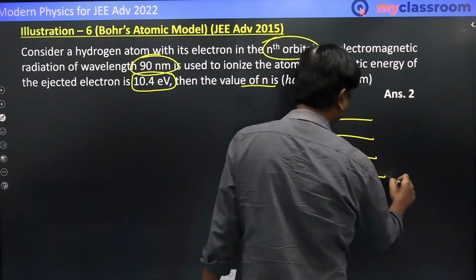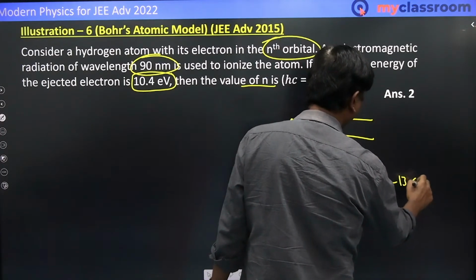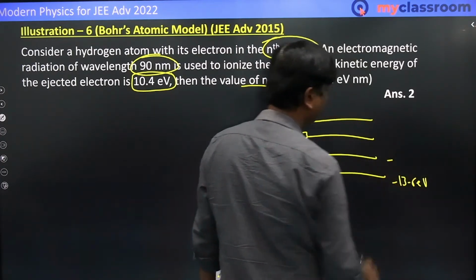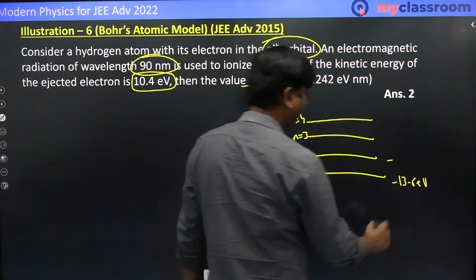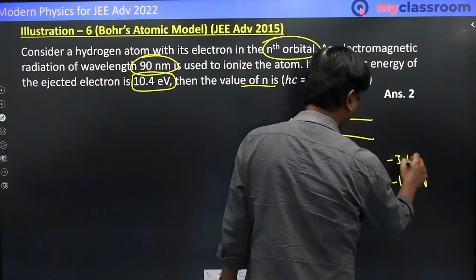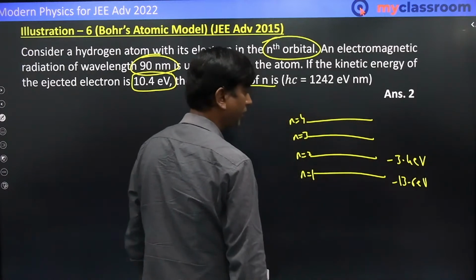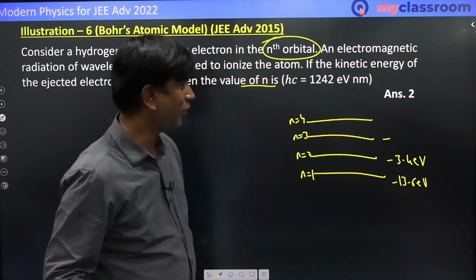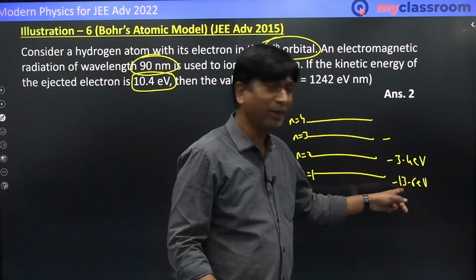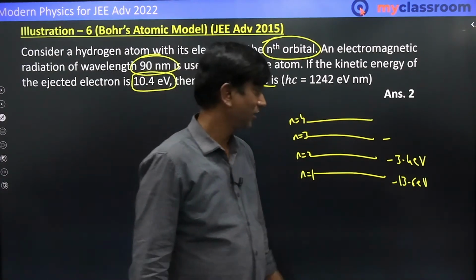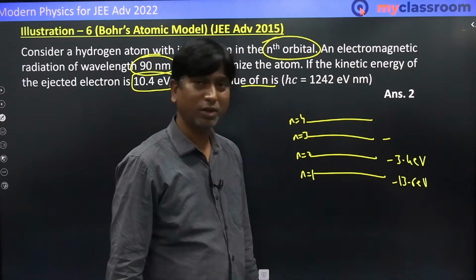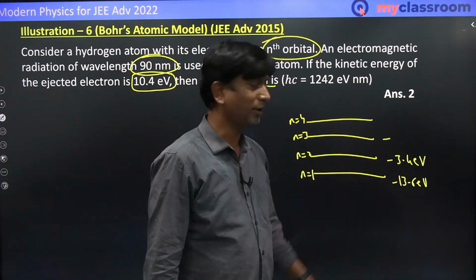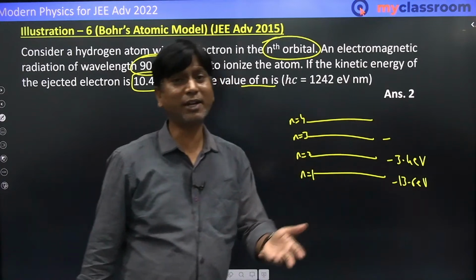The total energy is minus 13.6 electron volts, and this one is minus 3.4 electron volts. How do you get it? Minus 13.6 by 2 square, n square. So minus 13.6 by 4, if you take, minus 3 point something. Similarly, minus 13.6 by 3 square, 9.